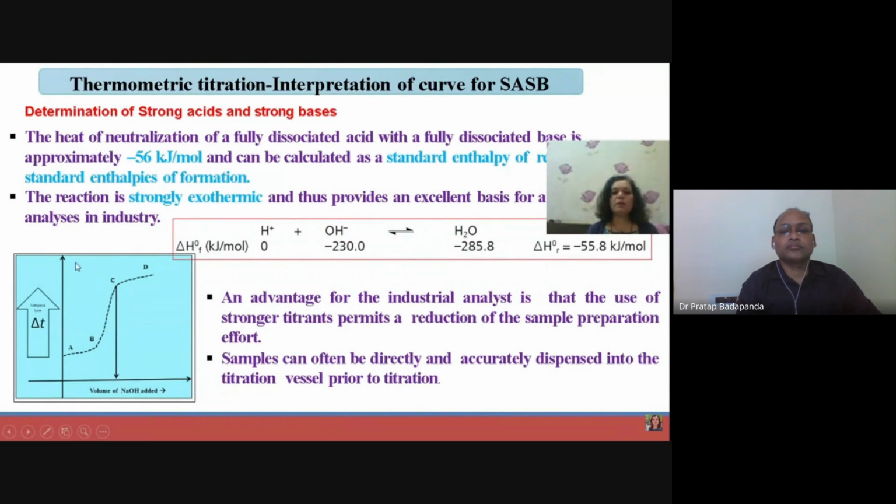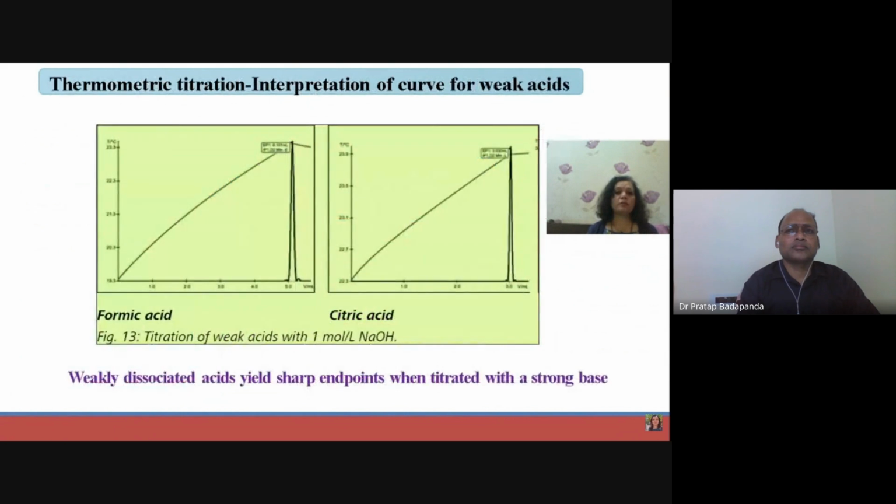So, this particular information of finding the standard enthalpy for formation of water, and by knowing it for OH minus ions, I can easily find out the enthalpy for fully dissociated acid. So, this is an industrial application for interpreting the acids and bases which react directly and accurately because of their reaction.